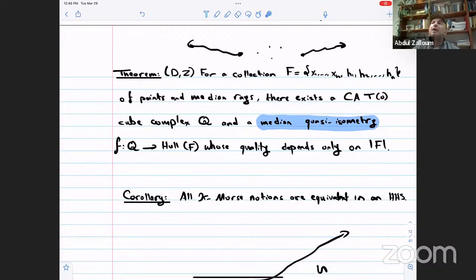For example, one of the things that are not preserved under quasi-symmetry is the notion of convexity or quasi-convexity. If you give me two CAT(0) cube complexes, you can have an isometry between them where a convex set does not go to a convex set.